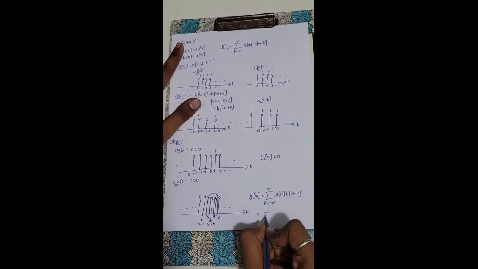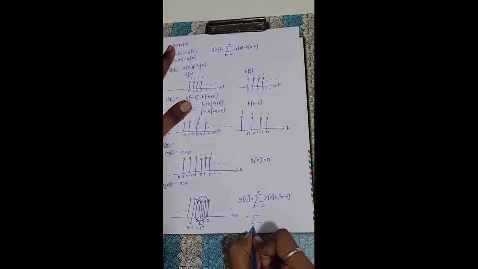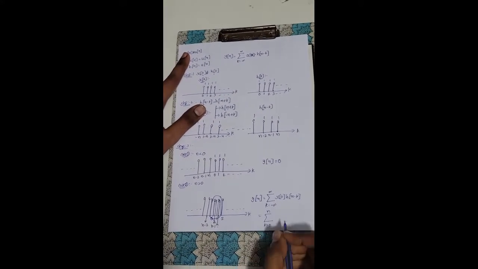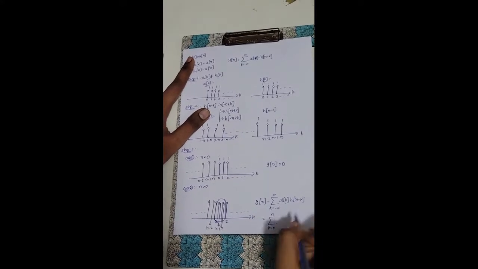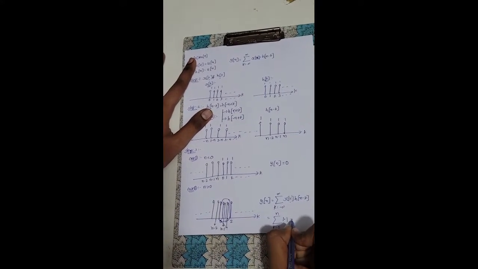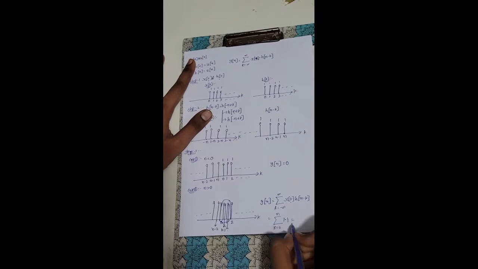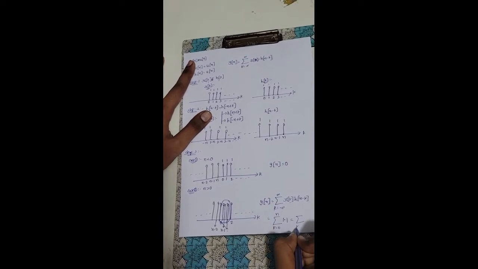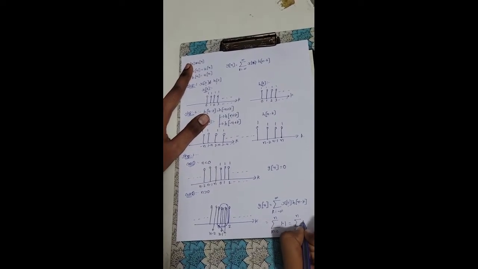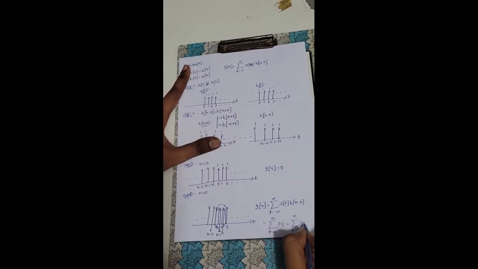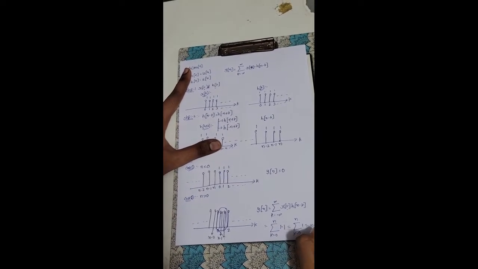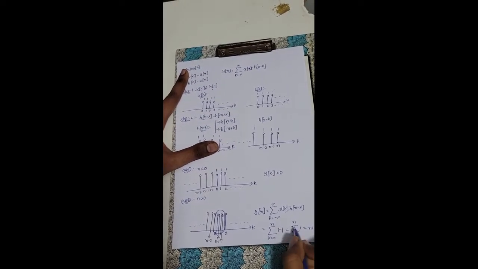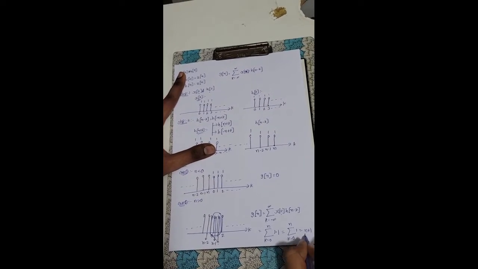So the limits will change to k equal to 0 to n, where x of k and h of n minus k both have value 1. Convolution from k equals 0 to n of 1 we can write as n plus 1. Total there are n plus 1 terms here. So the value is n plus 1.